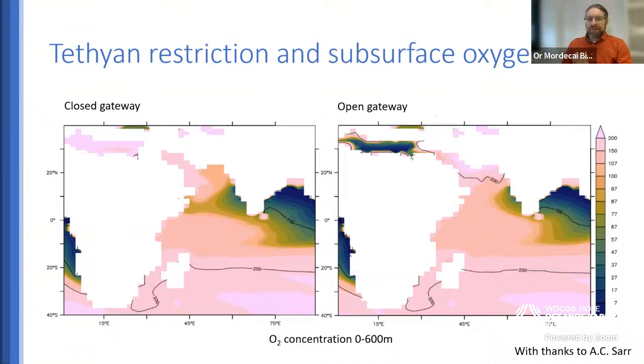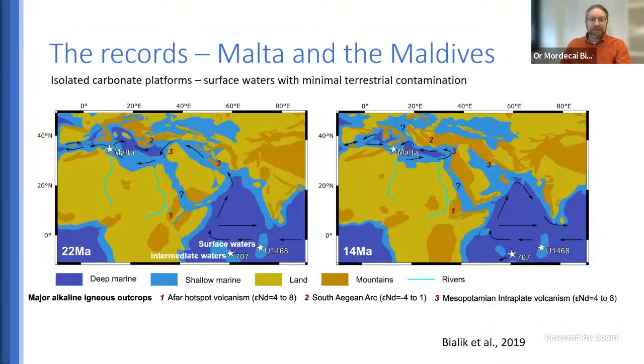And you can quite clearly see that having an open or closed gateway has dramatic effect for oxygen concentrations in the subsurface waters. So understanding this connectivity becomes quite important if we want to contextualize the interactions between the monsoons and the upwelling and productivity. So we need to delineate that and get some control of what's going on and when.